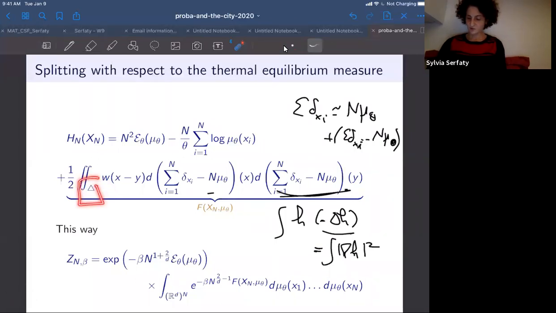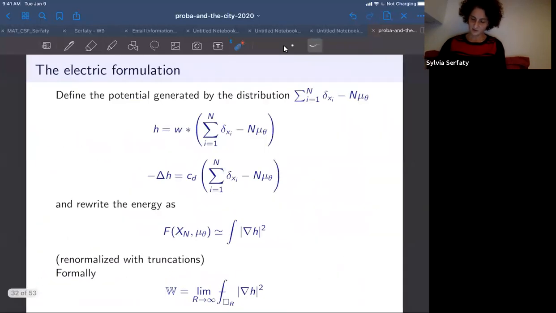So this computation is not valid because you have to worry about the diagonal, and these integrals are infinite. And so what we did is to find a way to give a meaning to all that, and it works through some appropriate truncation procedure, which is a little bit delicate, but now is well under control.